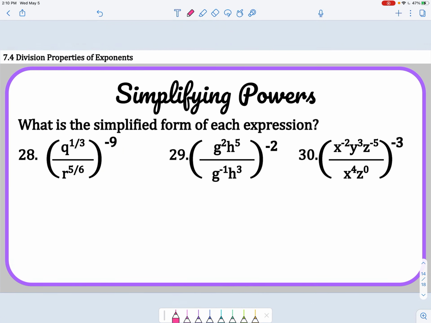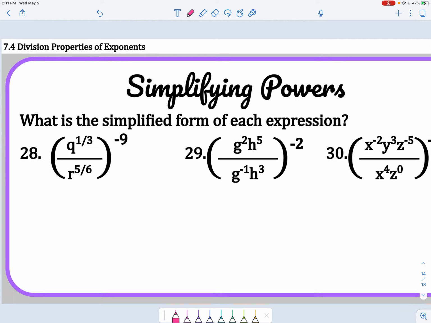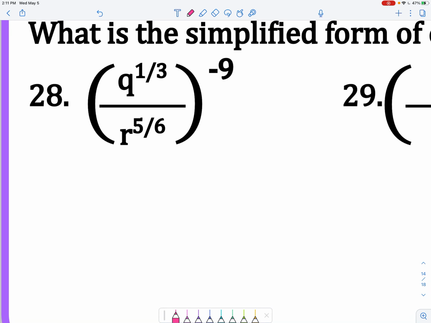Let's take a look at some more complicated examples. For 28, again, I can flip that fraction upside down. That's going to bring the r up top, the q to the bottom, and the exponent on the outside turns to a positive. And now this is going to be a little bit easier to work with because now I'm dealing with fewer negatives.